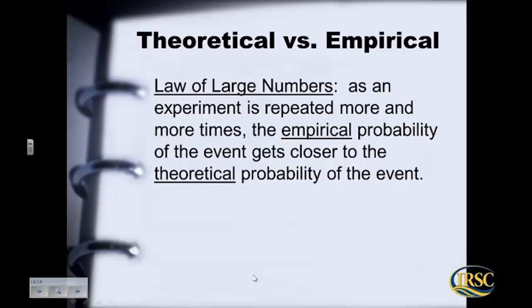If it doesn't, that's when you know there's something wrong. If that coin does not get closer and closer to 0.5, maybe I'm getting heads every time, it could be a two-headed coin, not a fair coin. So there are things you want to double check to see if it's actually meeting the theoretical probability.